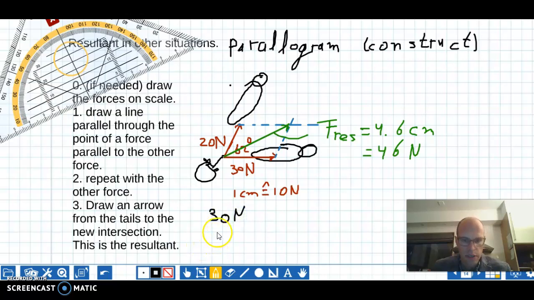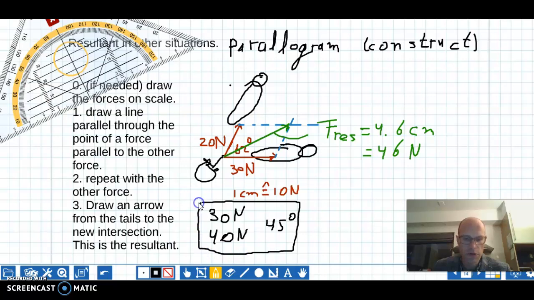Force 2 has 40 newtons, and they have an angle in between of 45 degrees. And of this, I want you to construct the resultant force. So please start drawing one force of 30 newtons and then a second force of 40 newtons at an angle of 45 degrees with the other one.